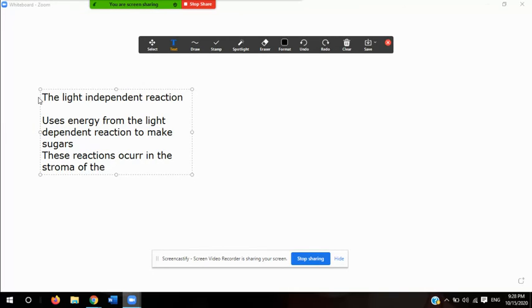And carbon dioxide is needed in this phase.